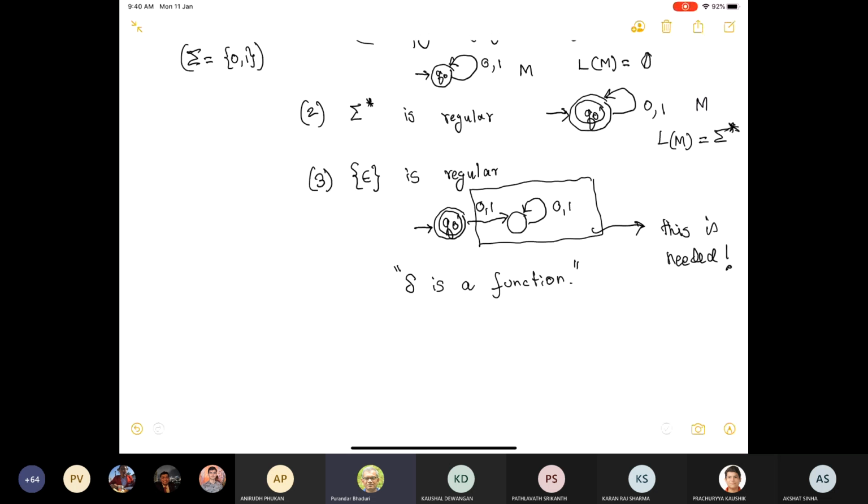It must be defined for every element in the domain. So for every state, you must have a transition for every symbol. So that forces us to add this dead state. And also, it forces us to add the looping transitions for the dead state, right? So this is important. This is a function.